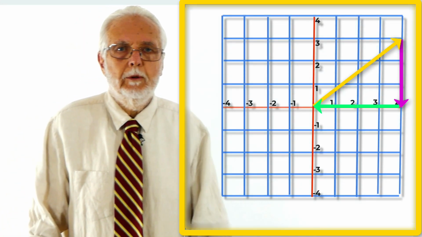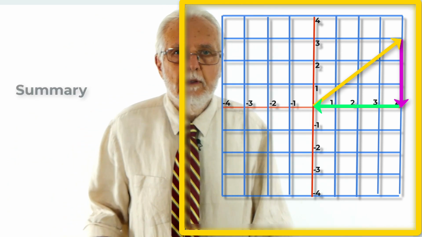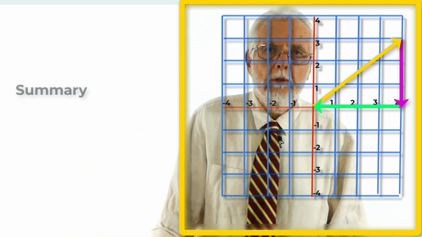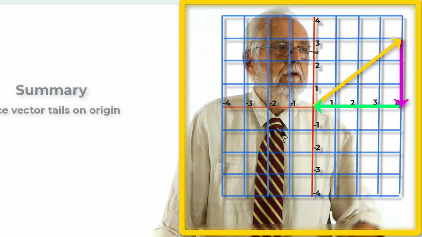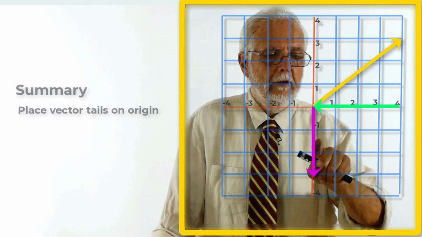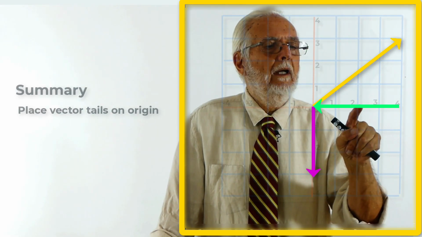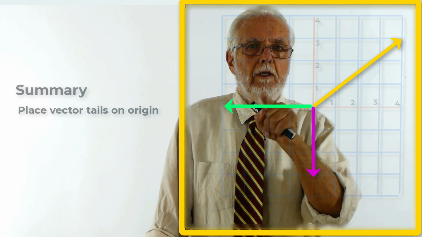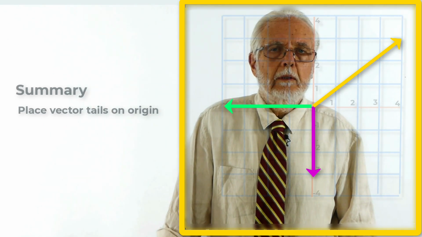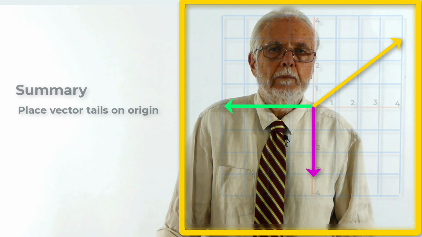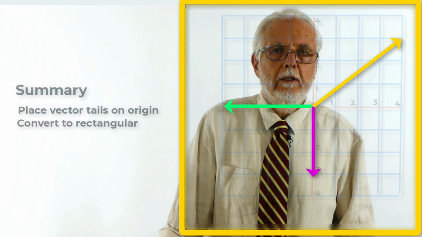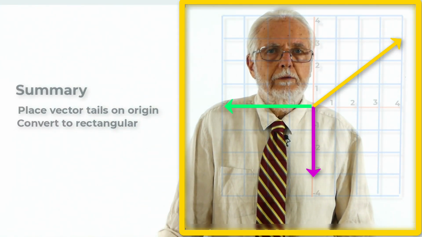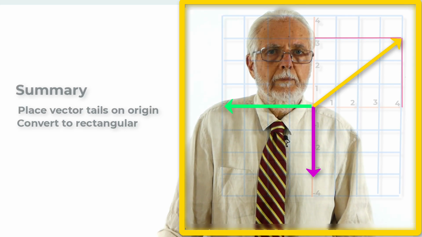We'll do this problem for a summary. First of all, we put all the vectors tail to tail on the origin. So this one goes to here, and that one goes to there. Notice that the blue one and the green one resolve easily. The yellow one has a value of 4, 3.